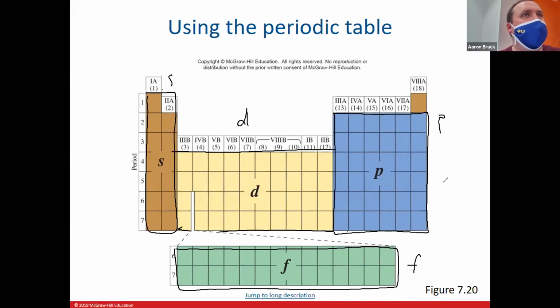The D sublevel is capable of holding 10 electrons. Those 10 electrons can be represented by the 10 columns of the D block.